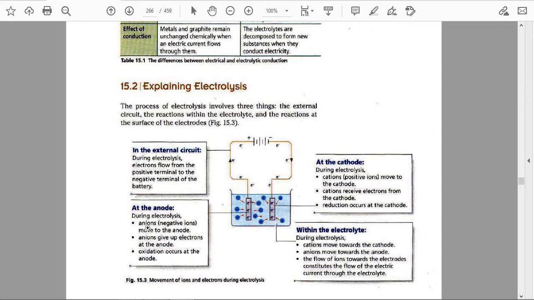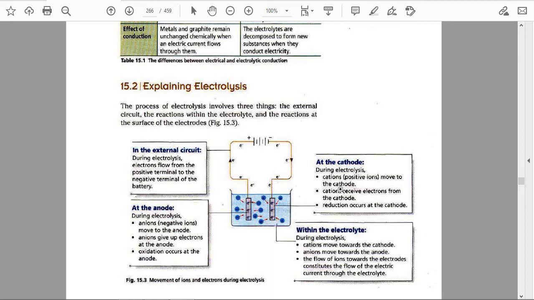So that's why here it says anions move to the anode. Anions give up electrons at the anode. So we say oxidation occurs at the anode, which means loss of electrons. How about the cathode? During electrolysis, cations, which are the positive ions, move to the cathode.